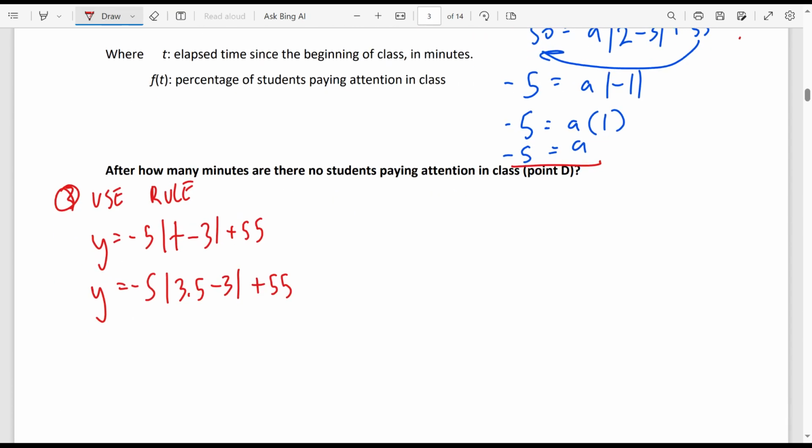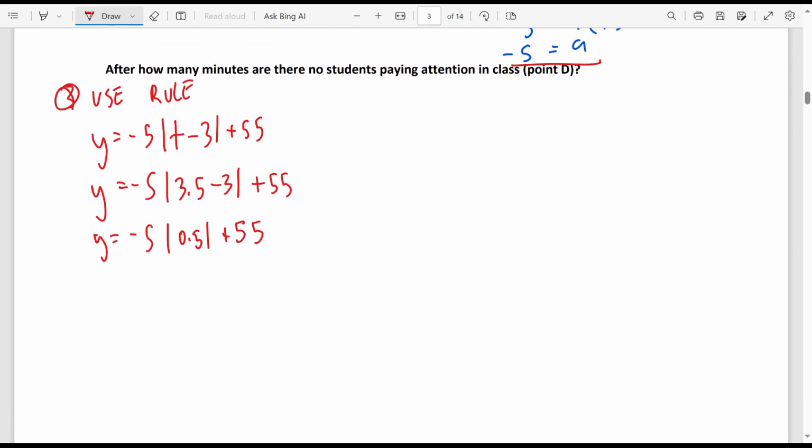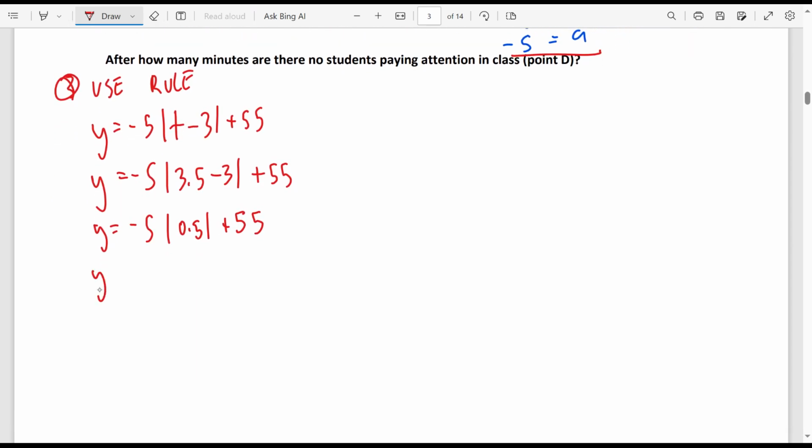So then now I can just go y is equal to negative 5 times 0.5 plus 55. So, y is equal to negative 5 times positive 0.5, right?